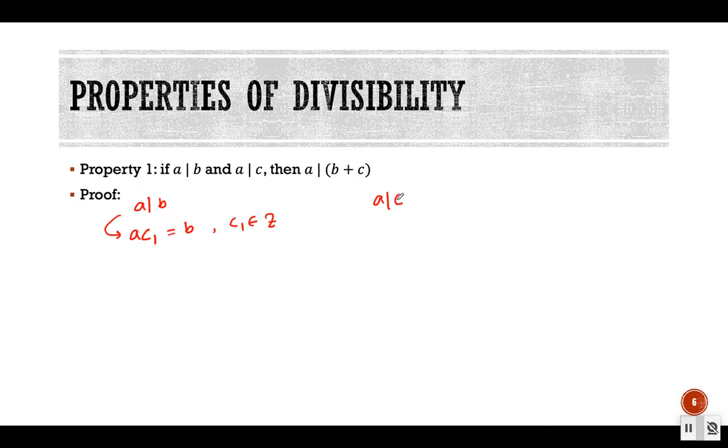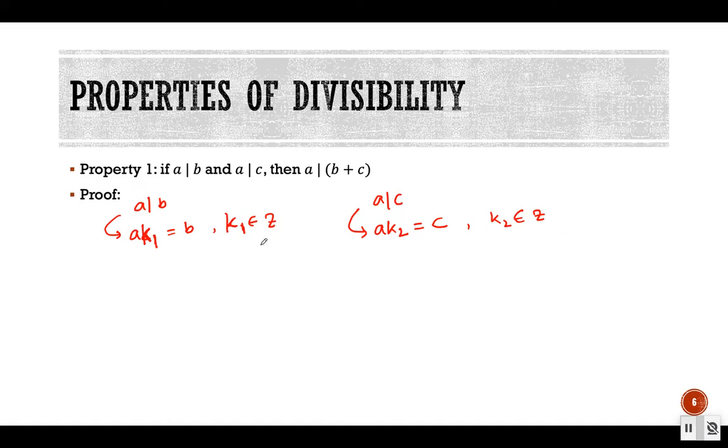So let's use a different number, k2, where k2 belongs to integer number. So we can represent that as a times k2 equals c.